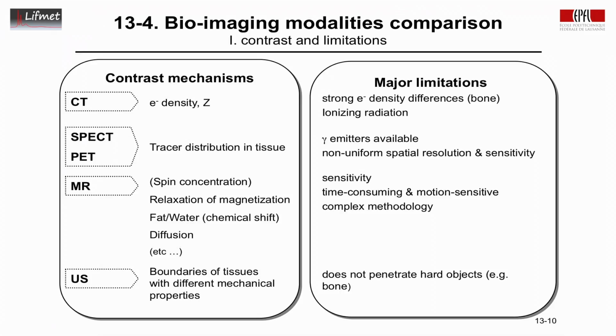The downside is that ultrasound does not penetrate hard objects, so not through bone. If you want to do an ultrasound of the brain, it is not easily done in adults. It is done in newborns where the skull is still open, this bone has not closed yet, so one can put the transducer here on the top of the head and obtain an ultrasound of the brain in newborn babies.